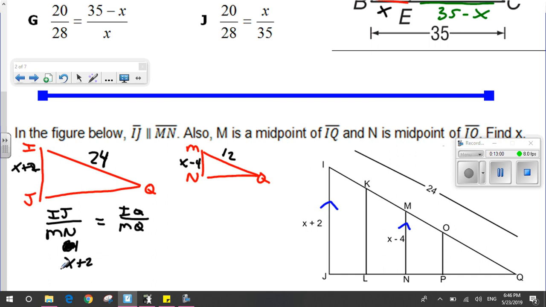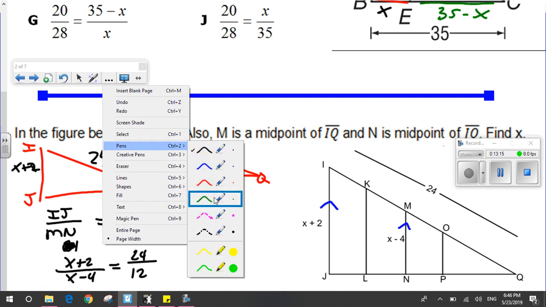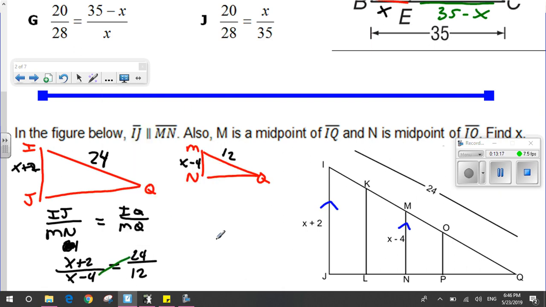X plus 2 over x minus 4 equals 24 over 12. And then we would cross multiply to solve for x. So it'd be 24 times x minus 4 equals 12 times x plus 2.